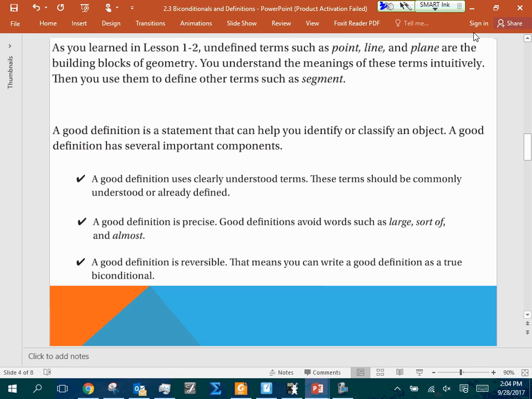For us in the English language, it eliminates vagueness. If I say large, or sorta, or almost, those are really vague words that aren't very good classifiers. If I say I'm close to Claire, okay, I am, but now I still am close to her, but now maybe I'm far away from her.